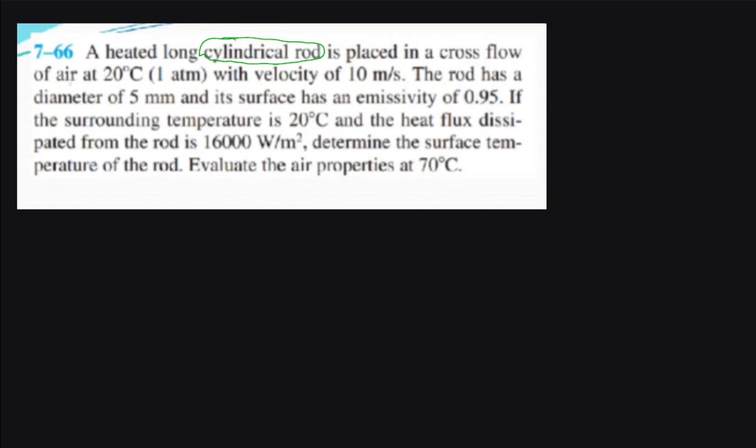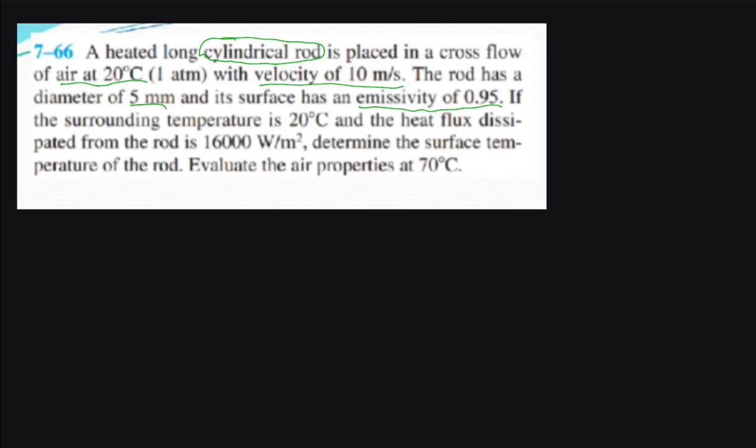Then we have air at 20 degrees C with a velocity of 10 meters per second. This will be used to figure out the Reynolds number of the air, to see if it's turbulent across this rod or not. The rod has a diameter of 5 millimeters and an emissivity of 0.95.